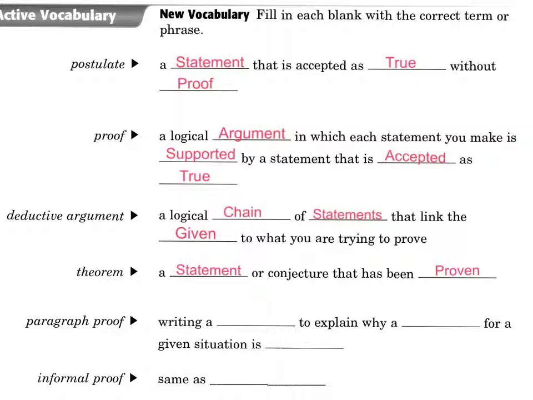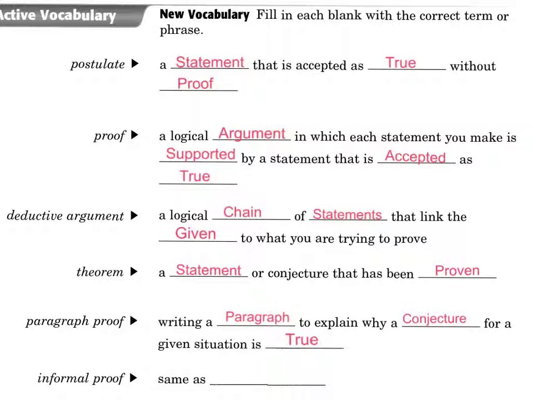Next, a paragraph proof. It's something we won't use too often except in this section, but it is writing a paragraph to explain why a conjecture for a given situation is true. So it's basically writing out a deductive argument where we give a statement and follow up with another sentence which is a reason.